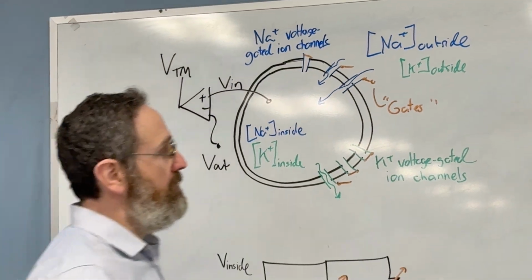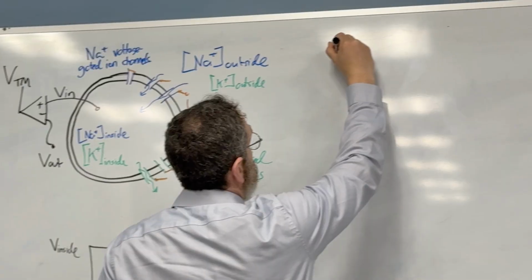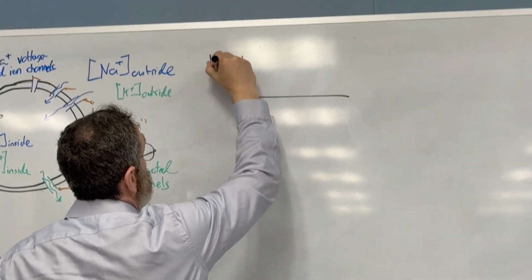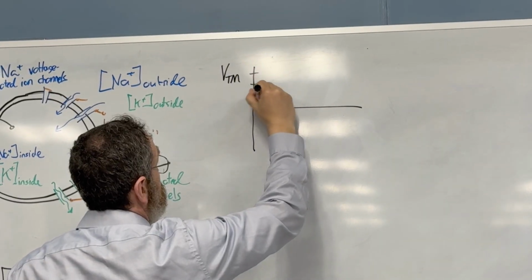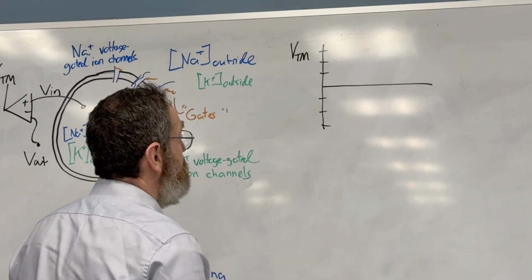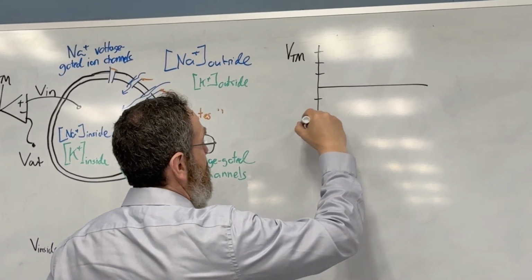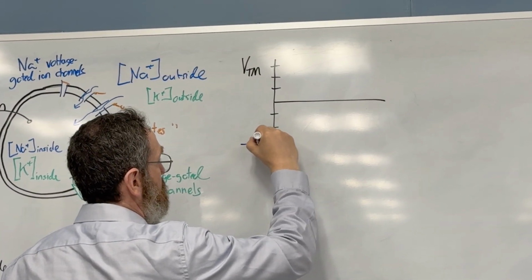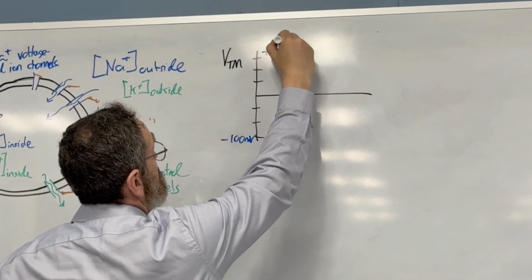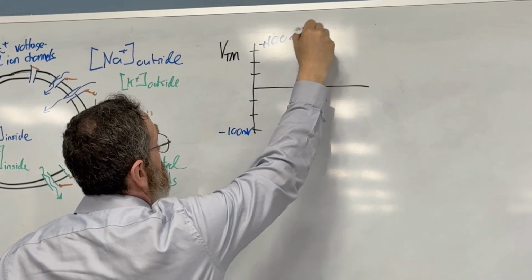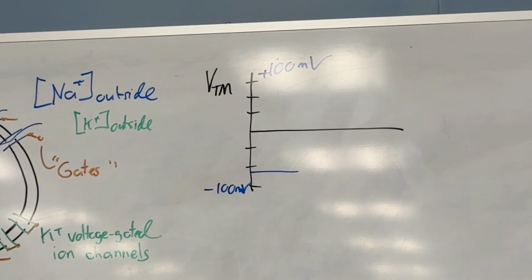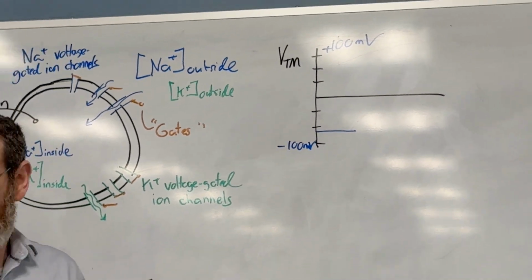And what we discovered is that if you look at the voltage transmembrane over time, it is remarkably sitting at, this is going to be negative 100 millivolts. We'll put this at plus 100 millivolts. It is sitting somewhere near negative 100 millivolts, a tenth of a volt negative.